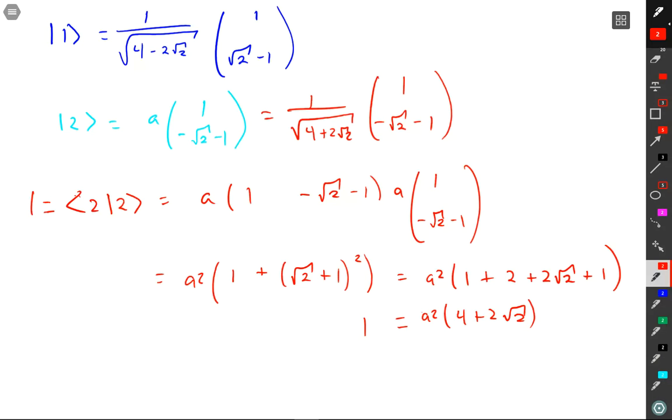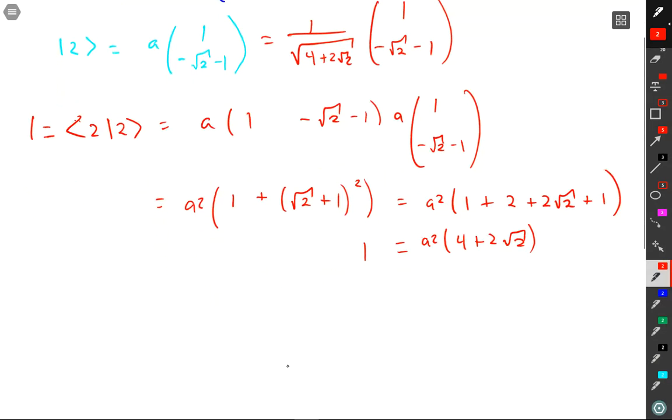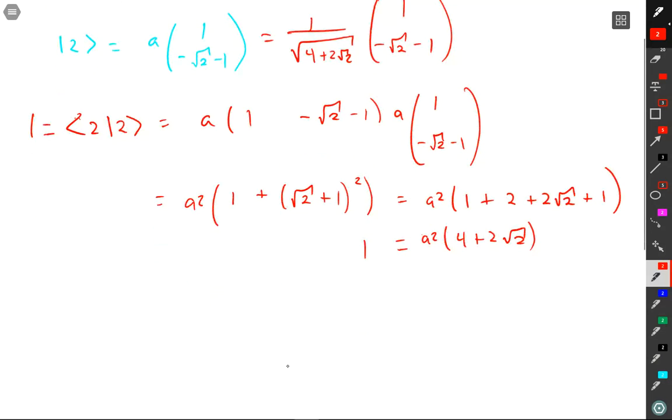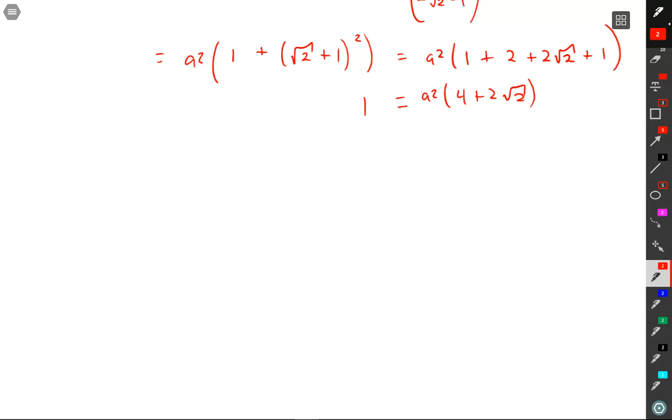Now a sanity check. We've already forced them to be normalized. Are they orthogonal? We have to take the product. Yes, we started with the understanding that they're orthogonal, but now we're going to check.